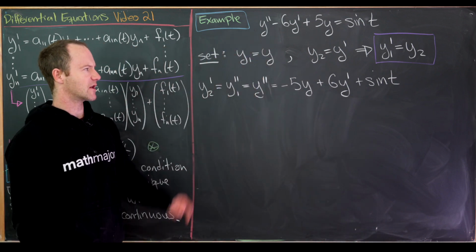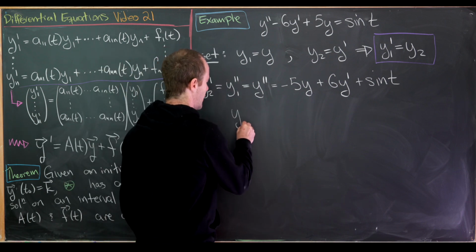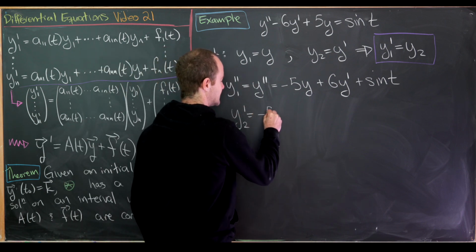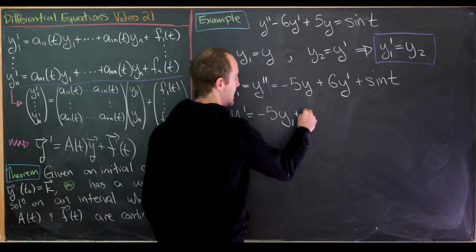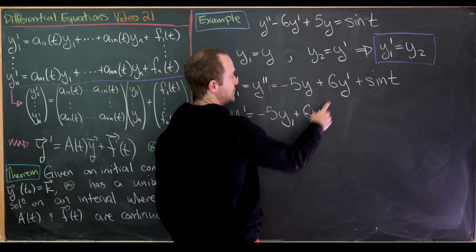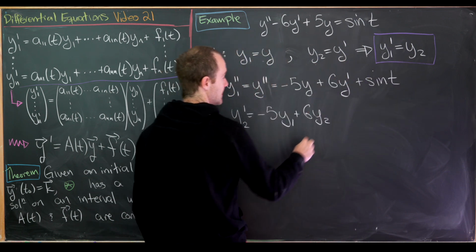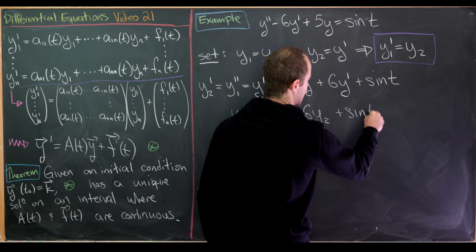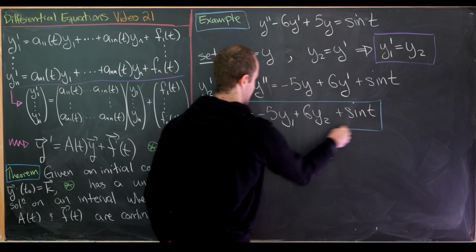Now let's rewrite all of this in terms of our y1 and y2. So we have y2 prime equals minus 5 times y1, recall that y is equal to y1, plus 6 times y2, again recall that y2 is equal to y prime, and then plus the sine of t. That would be our second equation.